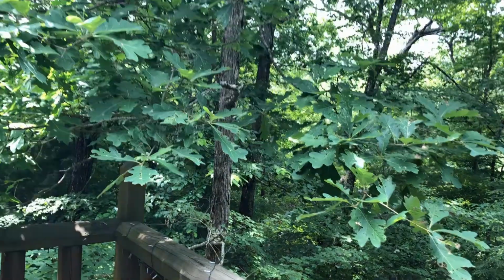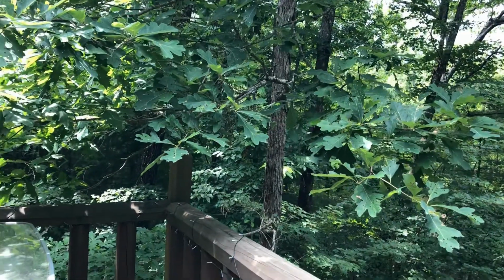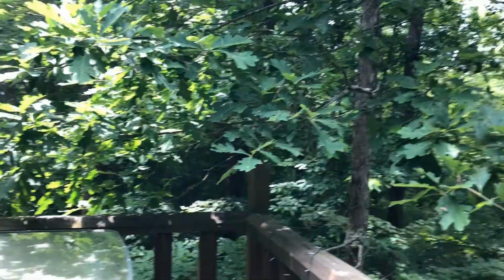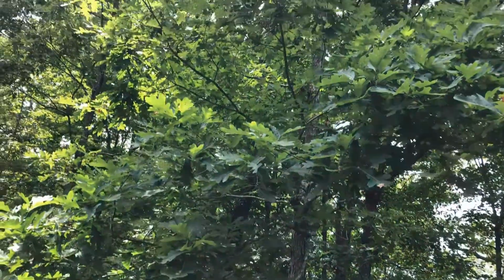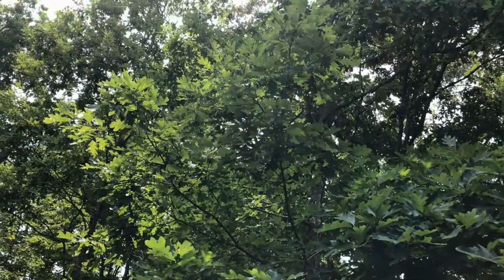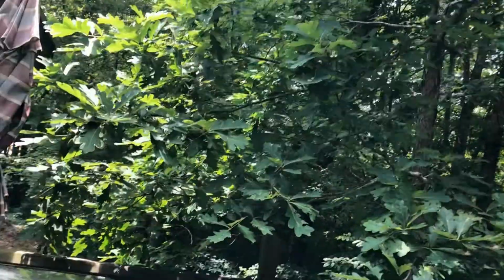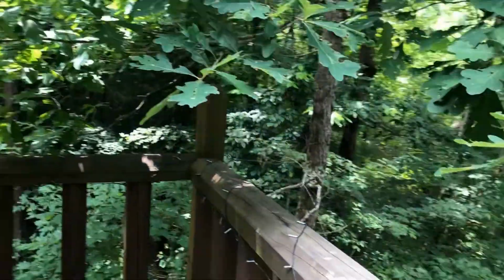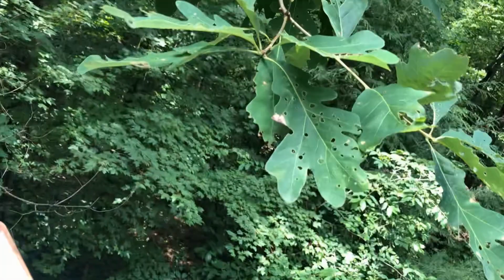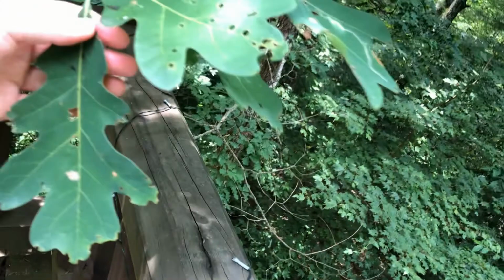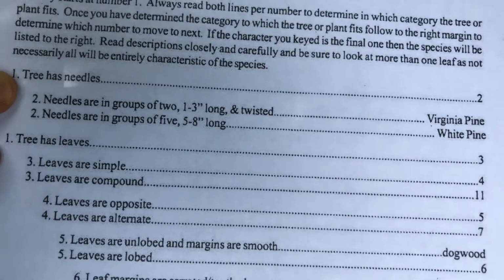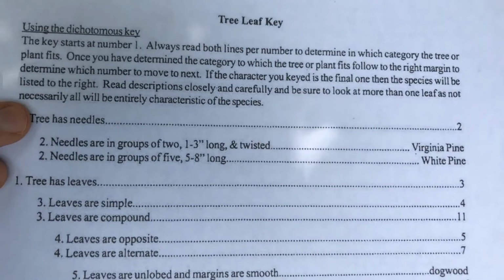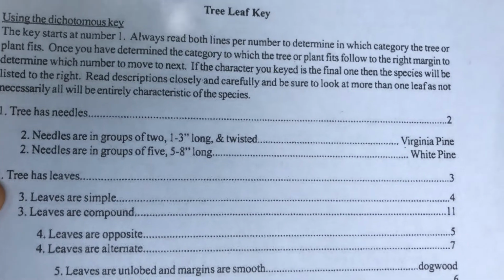Okay, this one's hanging over the back of my porch, so we get to look at a little bit bigger of a tree today. And the branches go all the way up there. So let's walk on over here to where our leaves start. Remember our first question again. Does the tree have needles or does the tree have leaves?